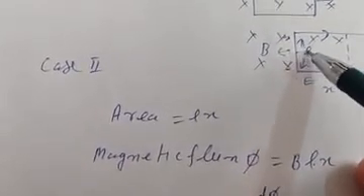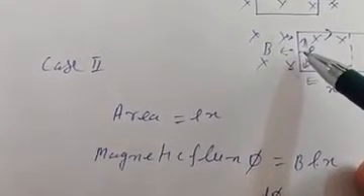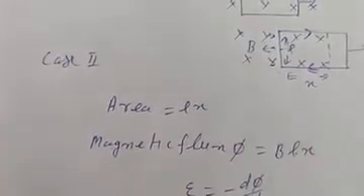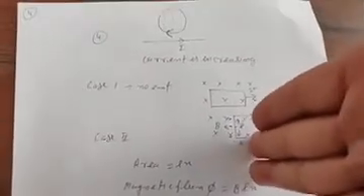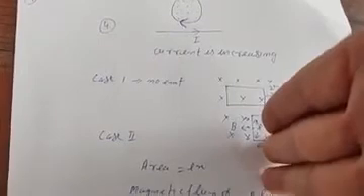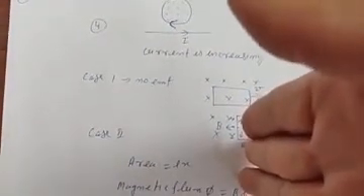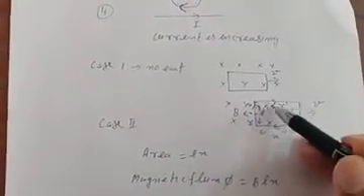It is moving in this direction, there will be induced current, and that current will tend to stop this motion. It means the force should be opposite to the motion. So the force should be in this direction. Now my fingers are giving the magnetic field, the thumb is giving the direction of the current, and the palm is giving the direction of force. So the thumb gives the direction of the current. That will be the direction of the current.